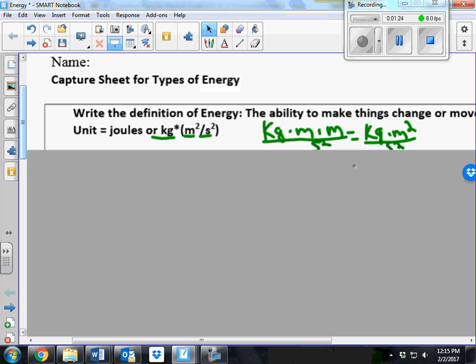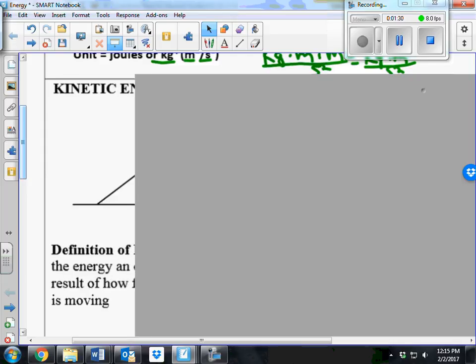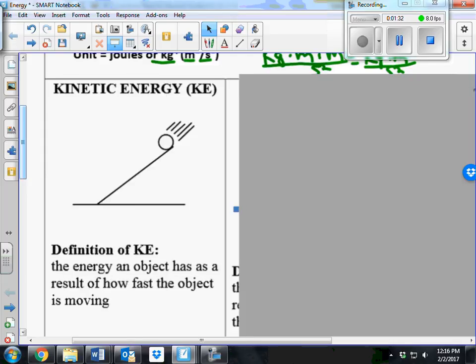Okay, so in terms of energy, in physics, we deal with three basic types of energy. The first energy that we really deal with is called kinetic energy. The definition of kinetic energy is the energy an object has as a result of how fast the object is moving. So kinetic energy only depends on its speed and nothing else.